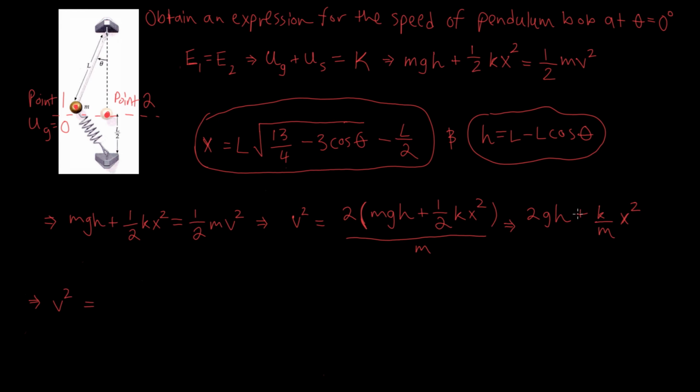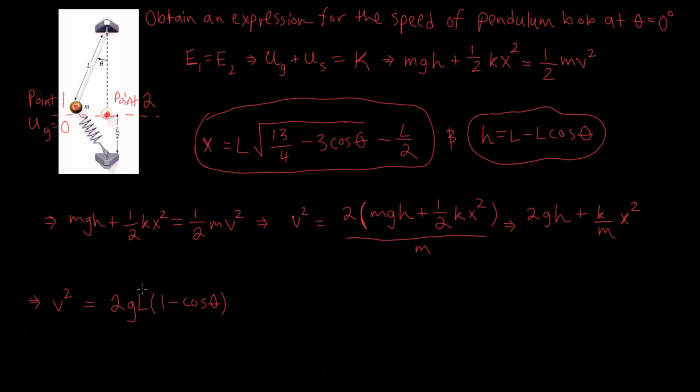So first let's plug in our values of h and x that we found earlier. Notice that in our expression for h, each of these terms has the variable L, so we can factor out a variable L. Factoring out a variable L, we get the following.